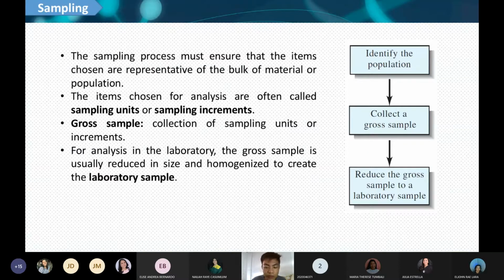This is where homogenizing your solution becomes important. Every time you reduce the amount of the sample, you have to mix it thoroughly so that it will be homogenized, meaning your solutes will be evenly distributed in your solution. That is the importance of homogenization in sampling.